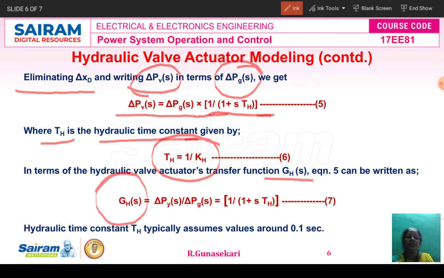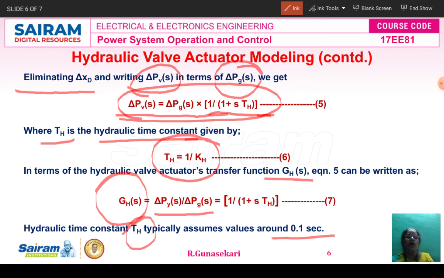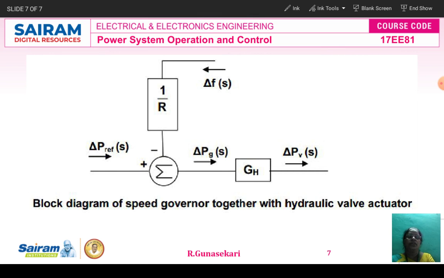Gh of s equals del PV of s divided by del PG of s, which equals 1 divided by 1 plus s into Th, where Th is the hydraulic time constant, represented by 0.1 second. Student, now you see the circuit diagram.